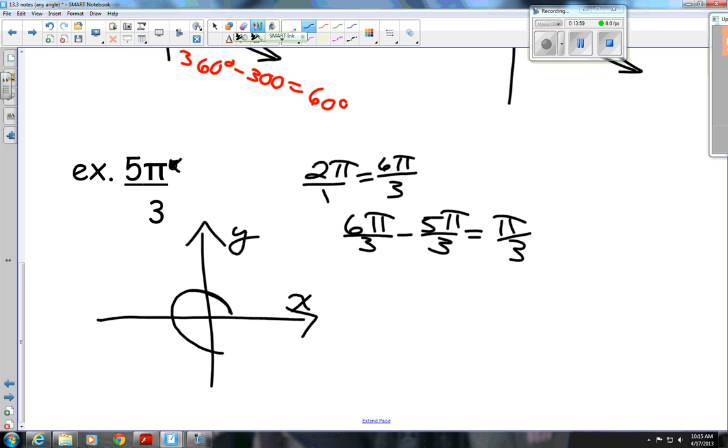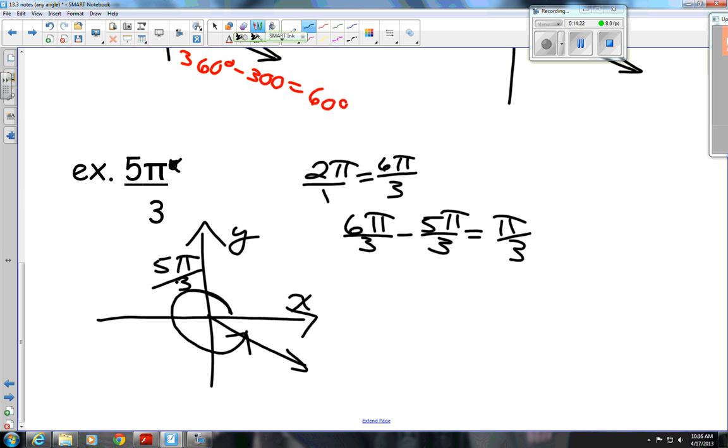So it's going to go that far around. Pi over 2 is 90 degrees. So pi over 3, this way is going to be a little less than 90. It's pi over 3, 1/3 is less than 1/2. So it's going to be in that quadrant.